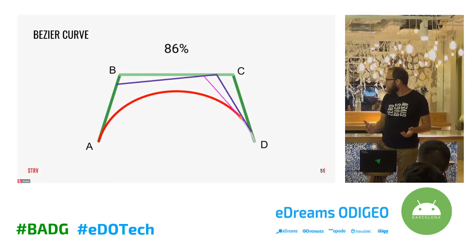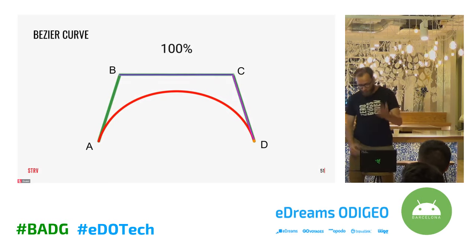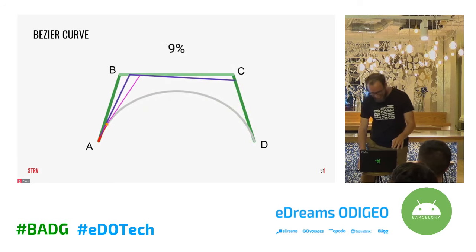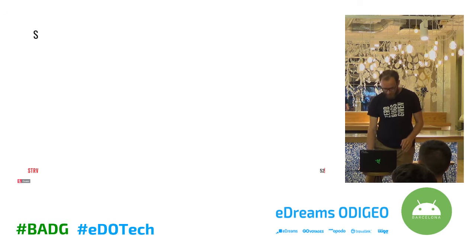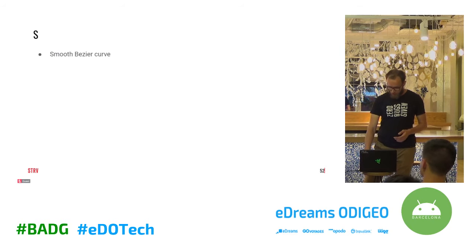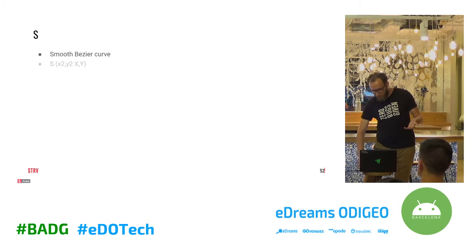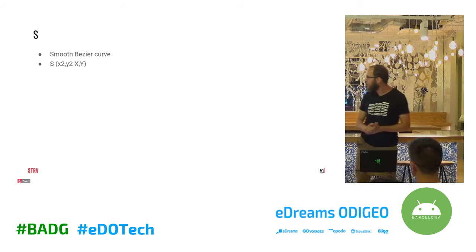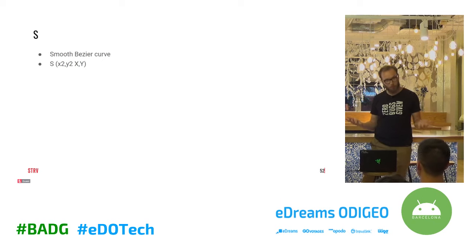So it was pretty fascinating for me, so hopefully you find it as well. It's great. So we can move on to the smooth Bezier curve, which is kind of a simpler way of defining a Bezier curve, and more smooth, from the name of it.